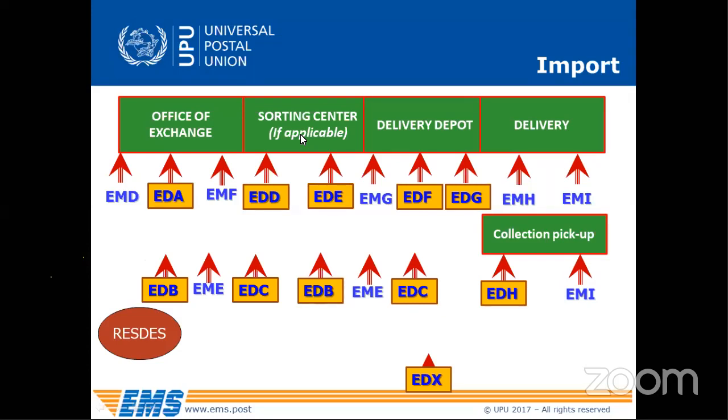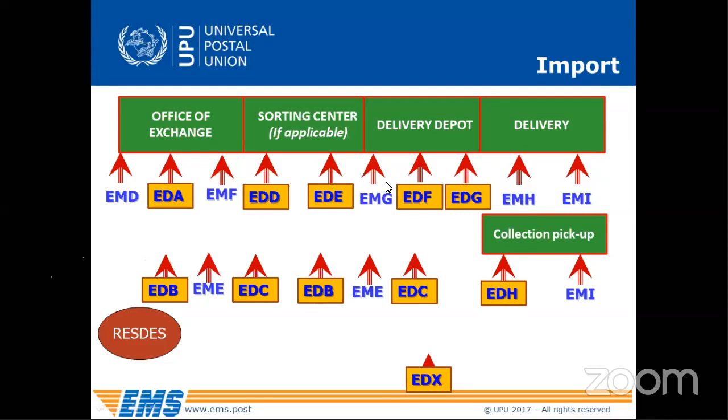But in Shomolu, we don't actually sort items. We deal with bags in Shomolu and move further to various destinations. So at sorting center, we don't have any major events. Once the item leaves on event F from Office of Exchange, it arrives at delivery depot.